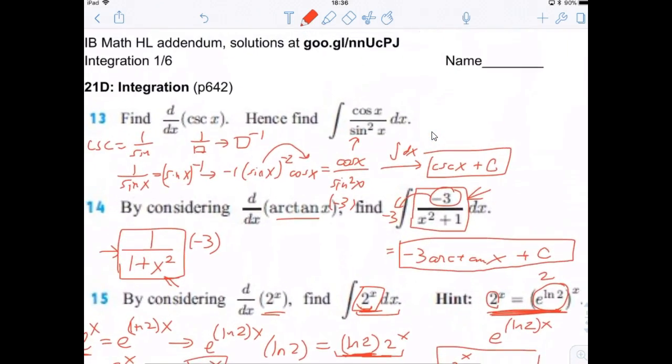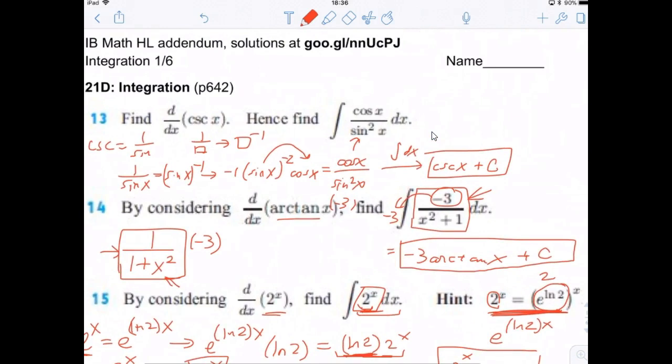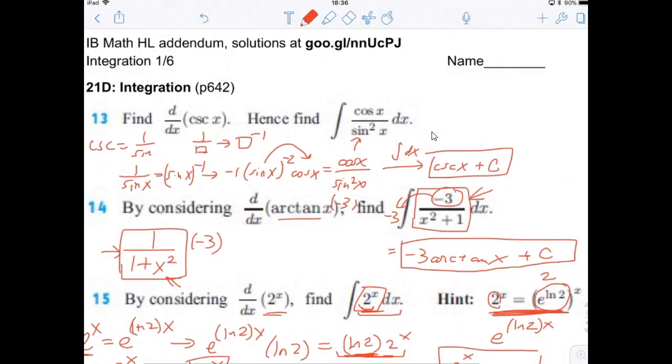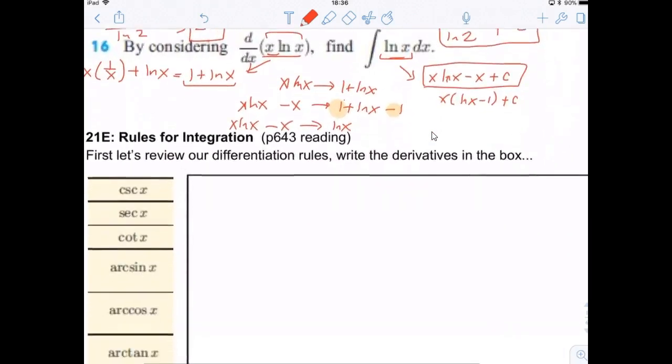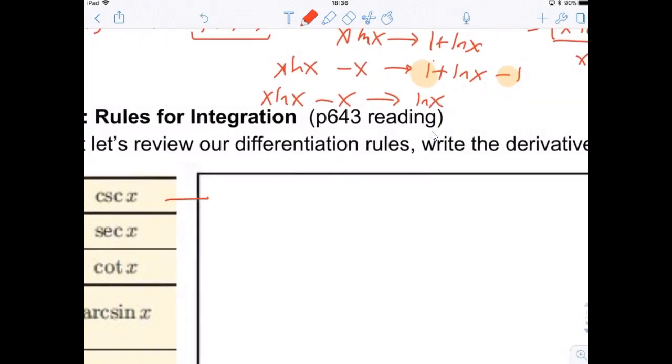The derivative of cosecant is cosine divided by sine squared x, right?